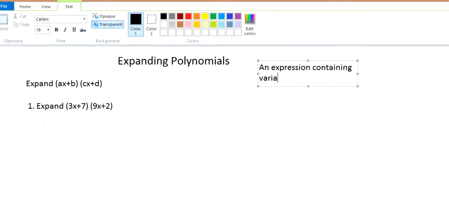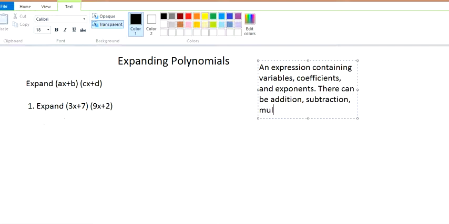containing variables, coefficients, and exponents. There can be addition, subtraction, multiplication, and division.